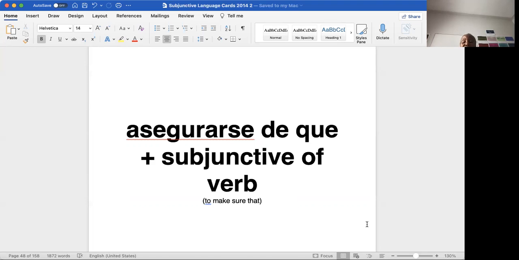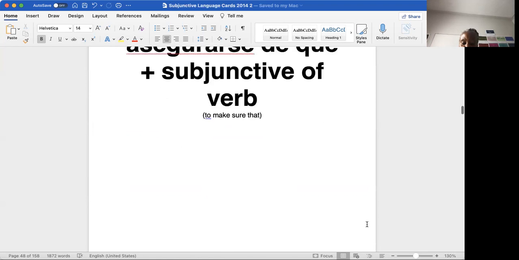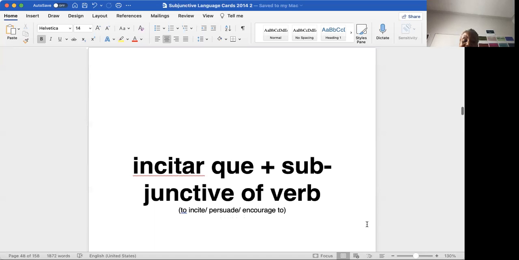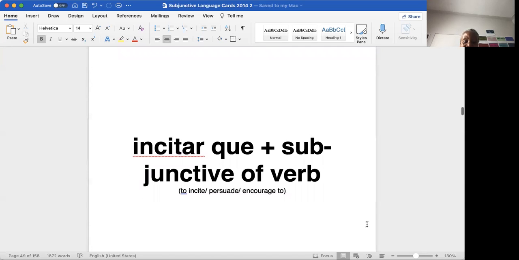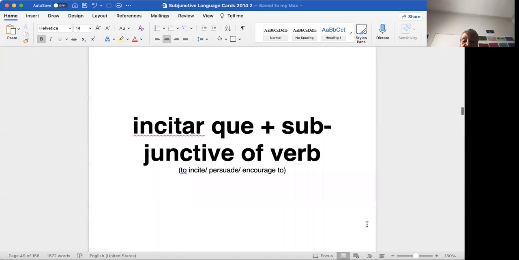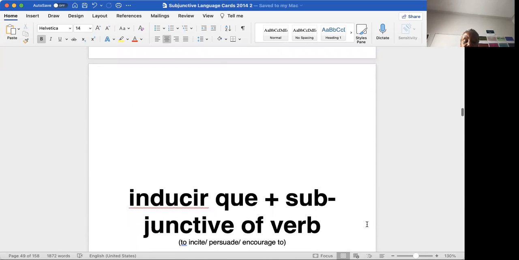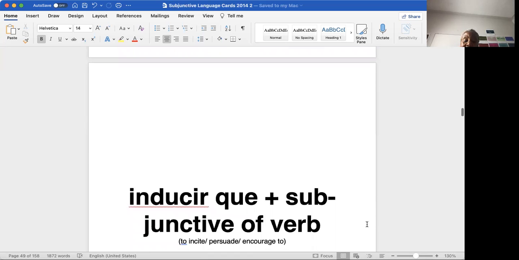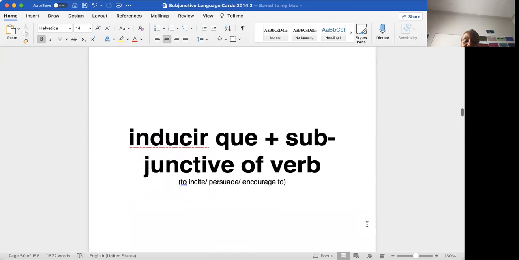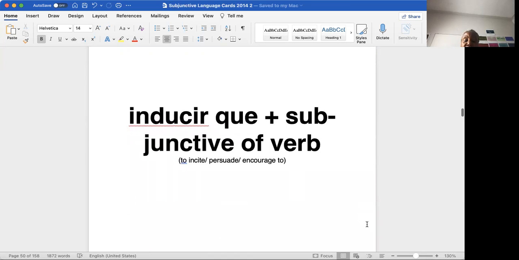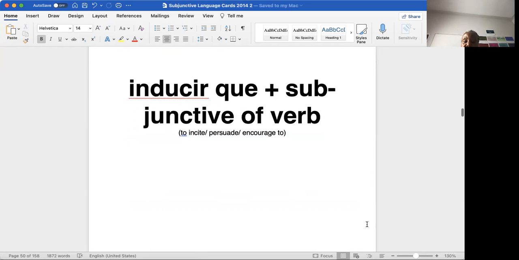It all depends on whether in the third person singular and the third person plural, it's a direct or indirect object. Incitar que, to incite, persuade, or encourage to. Okay, the last one, because I'm doing every 25. Inducir que, plus the subjunctive of the verb, to incite, to persuade, to encourage.